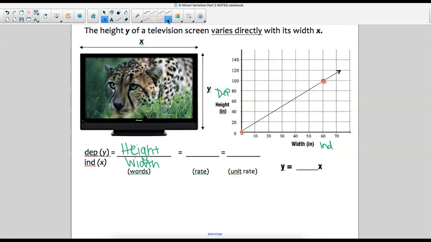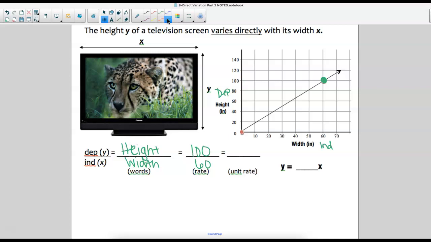Okay, I don't want to use the 0, 0 because that doesn't really help me. So I'm going to go here. I'm going to use this point. What's the height at that point? Abby? 100 over the width is 60. Can we simplify 100 over 60? Absolutely.